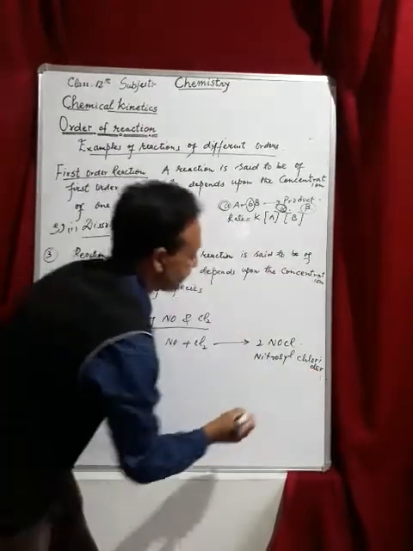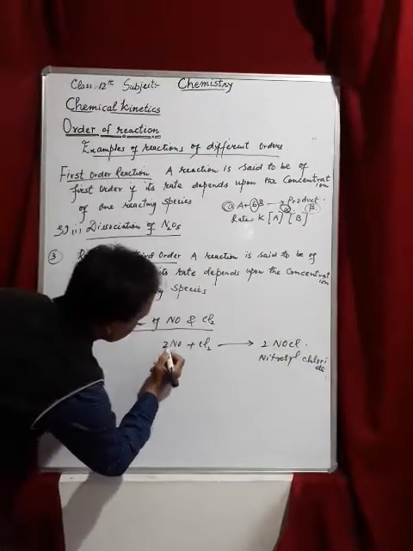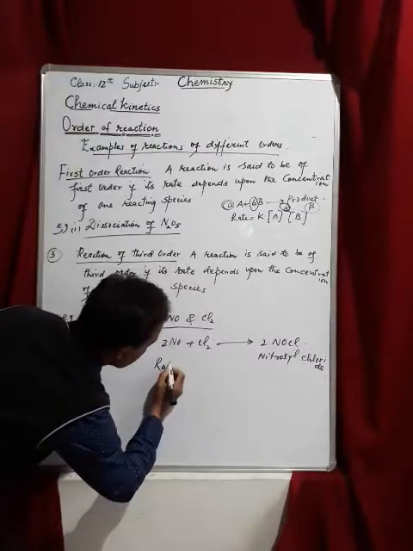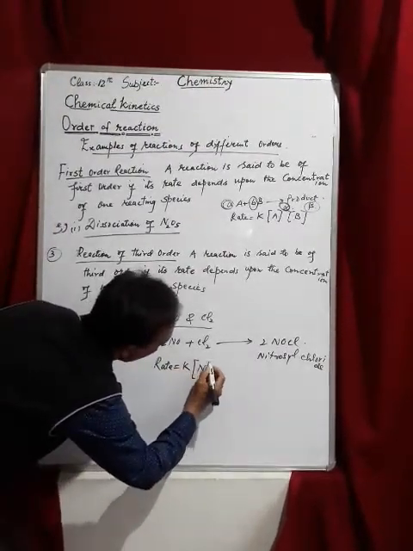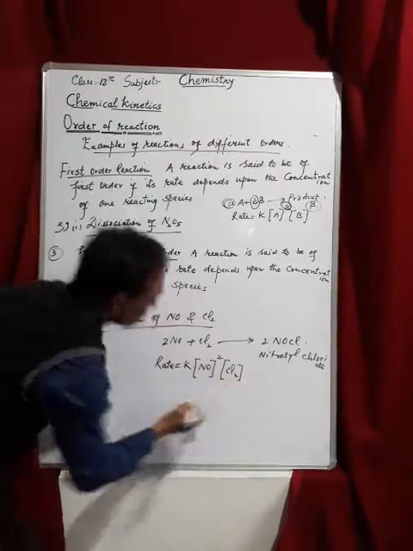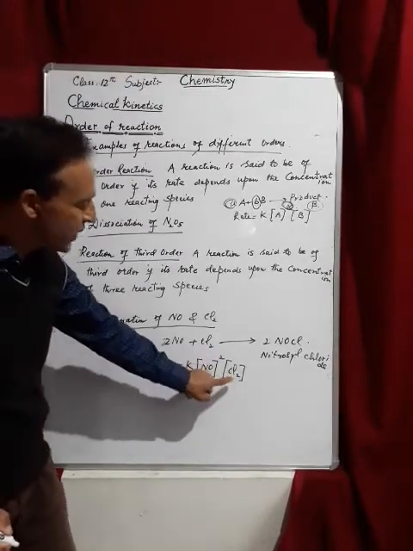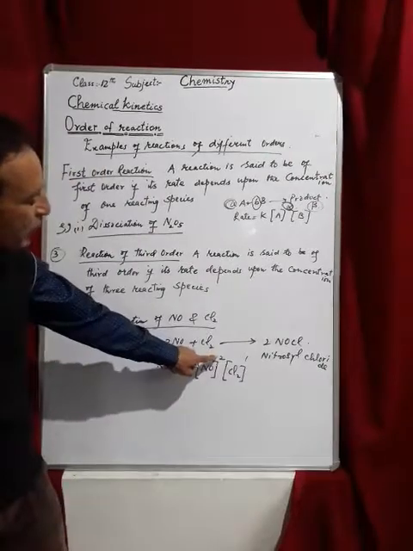And according to the rate law expression, the rate of this reaction is equal to K [NO]^2 [Cl2]. The power of the nitric oxide is 2 and the power of the chlorine is 1. So the value of alpha is 2.